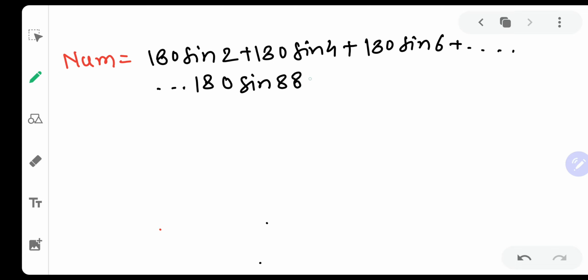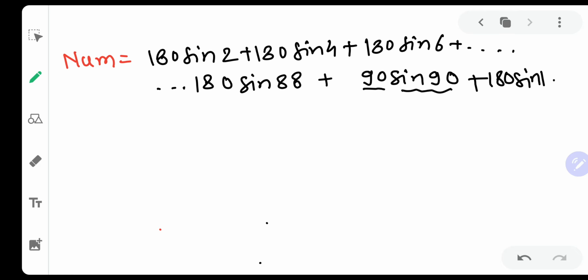Now you will have to stop here. Okay, now the number which is missing over here is sin of 90, but sin of 90 will not have a pair, so it will remain as it is, 90 sin of 90, and the last number 180 sin of 180 will not have a pair, so it will also remain as it is.